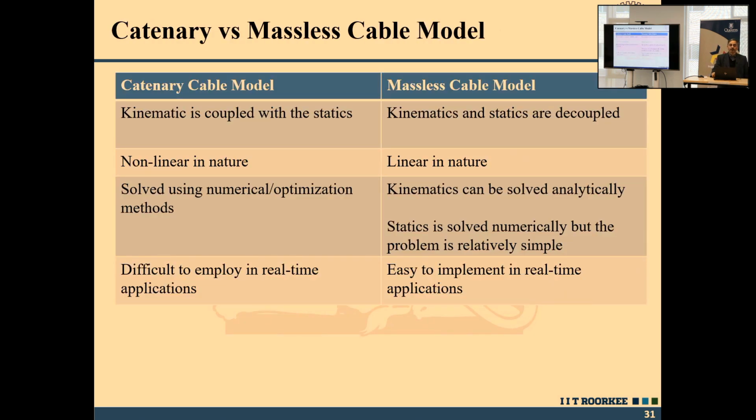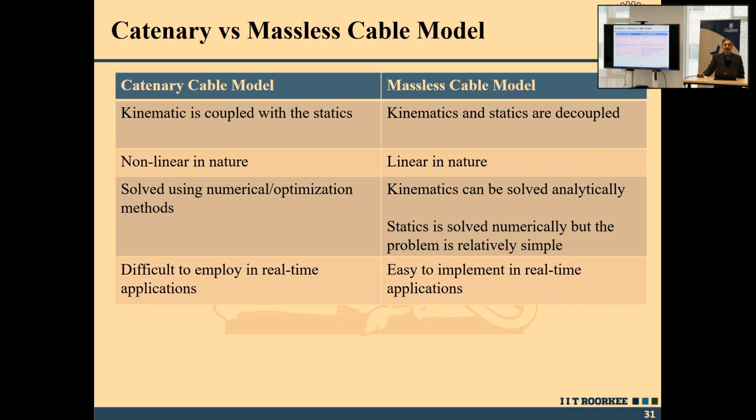Then we looked at the catenary versus massless cable model. Although the differences are well known, from the technical point of view, in the catenary cable model, kinematics is coupled with statics, and in the massless cable model, kinematics and statics are decoupled.